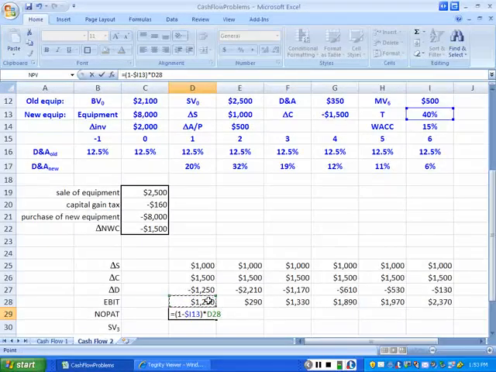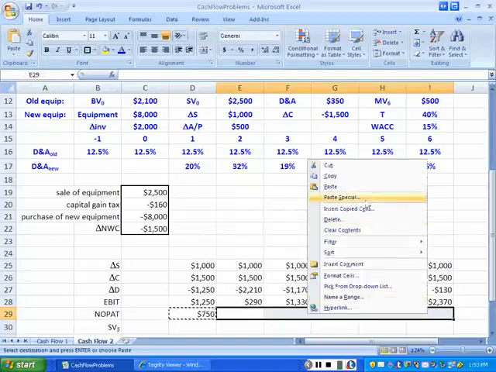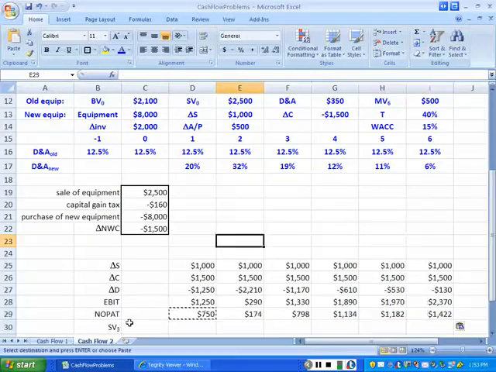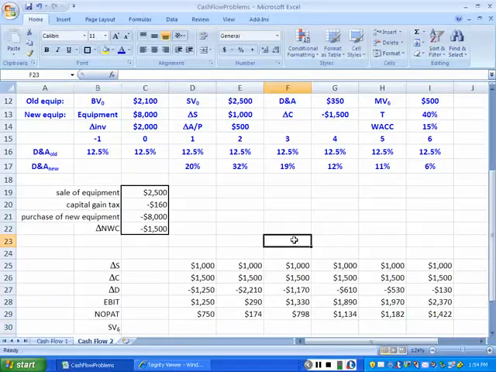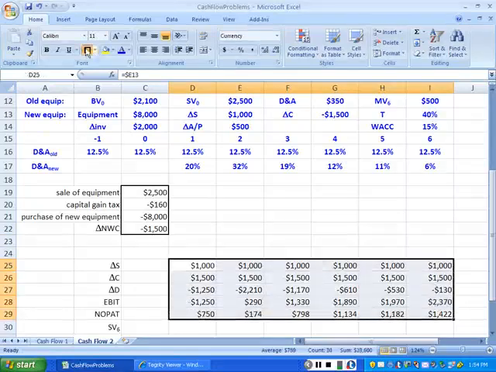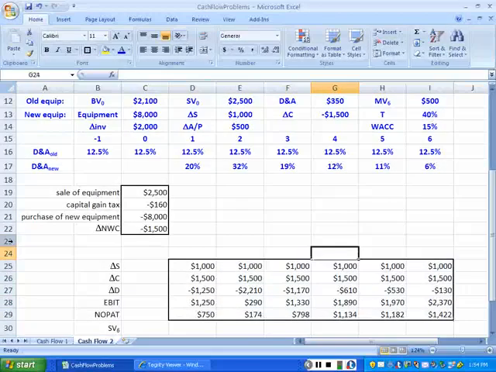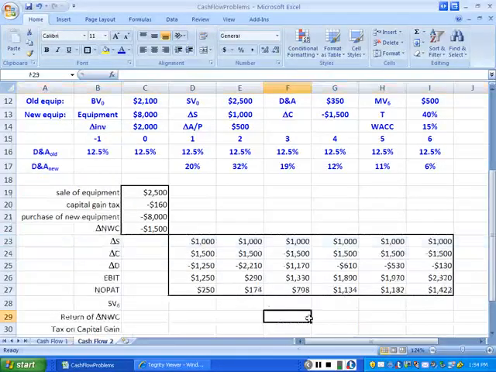So after you've taken that tax out, we only get 60% of what was left over here, or 750. So we'll go ahead and copy that and paste that in place all the way through here. Okay, and that will give us the information that we're going to need from an operational standpoint. So let me just highlight these, as here's our operational cash flow information. And I can get rid of those blank lines.